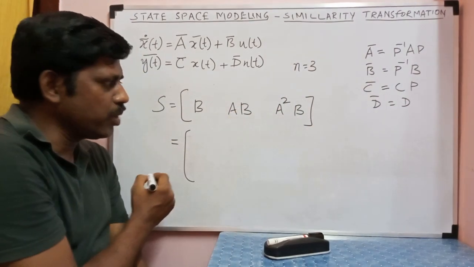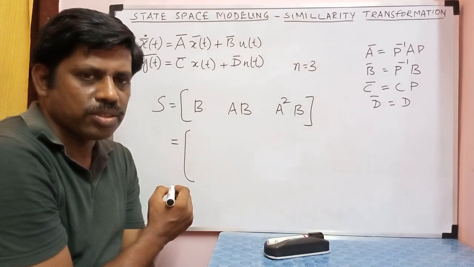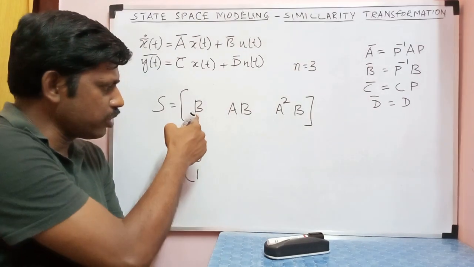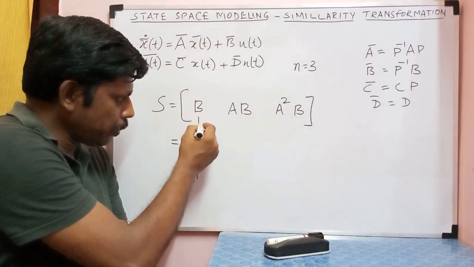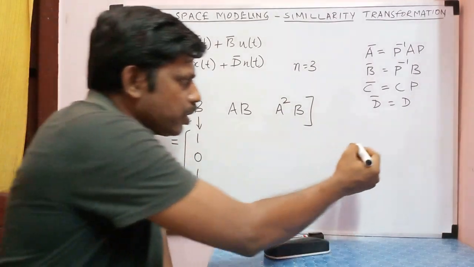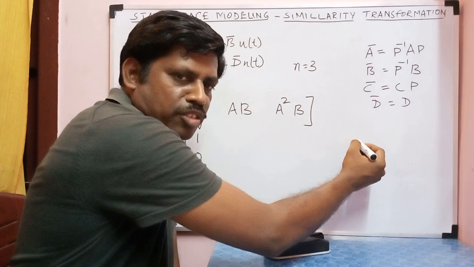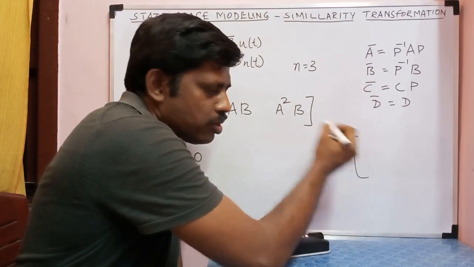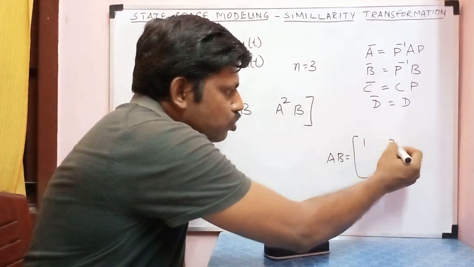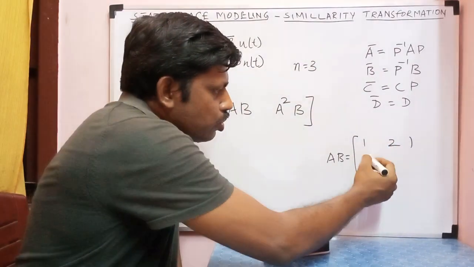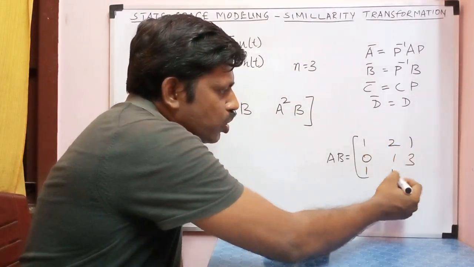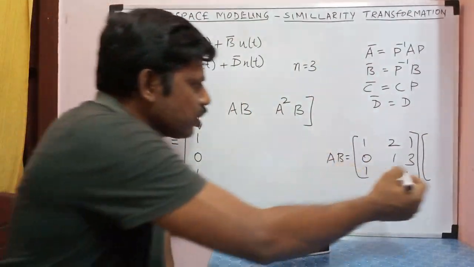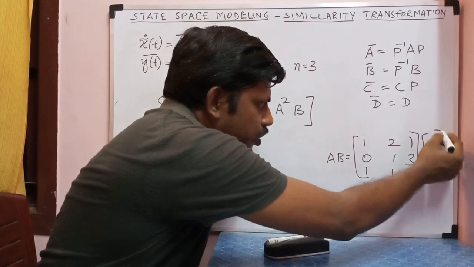So you have to stop at n minus 1. What is the B matrix? B matrix is a column vector 1 0 1. You have to write B in this column. Now you have to multiply this matrix A and B. That is AB is equal to 1 2 1, 0 1 3, 1 1 1, multiplied with this B matrix, that is 1 0 1.